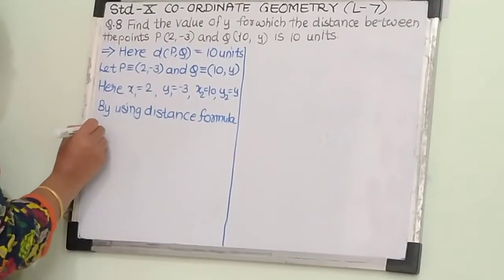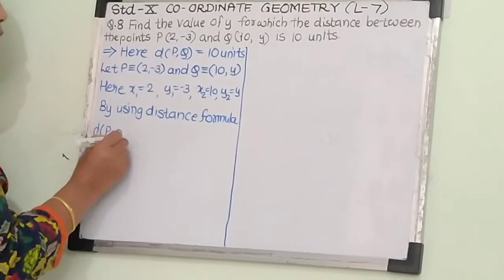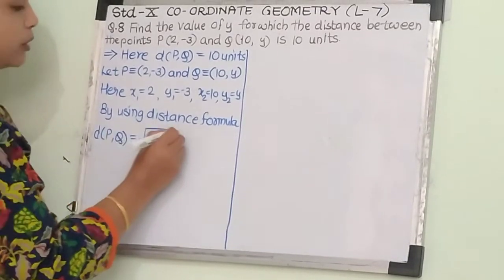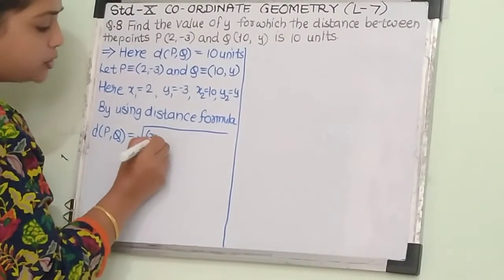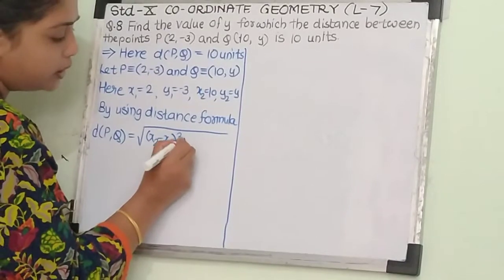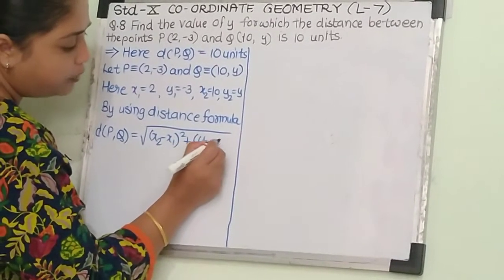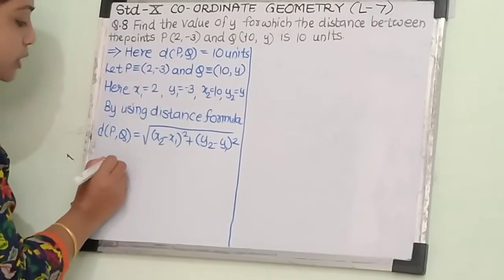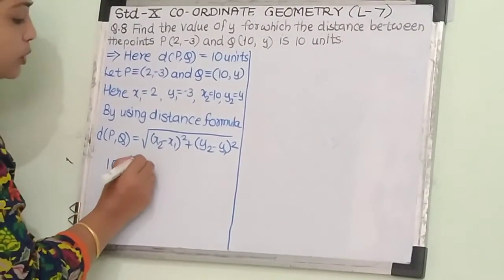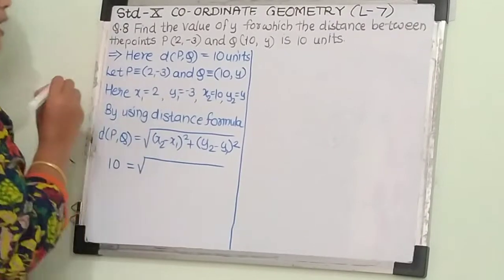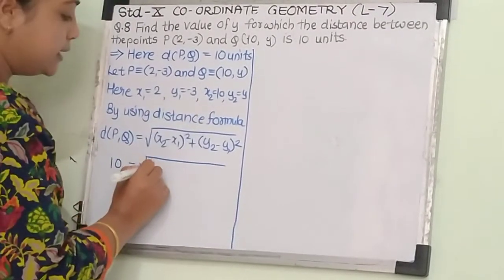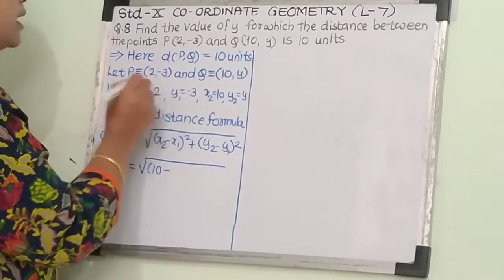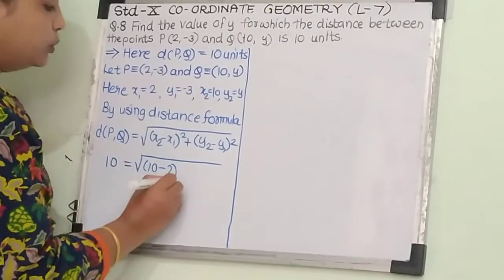So distance PQ equals root of (x2 minus x1) square plus (y2 minus y1) square. So distance PQ, it is given 10, equals root of x2, which is here 10, minus x1, which is given as 2.